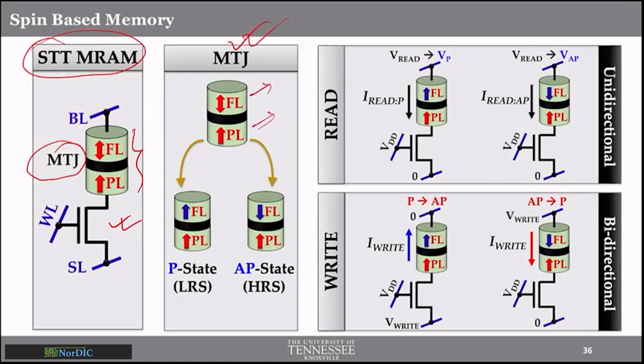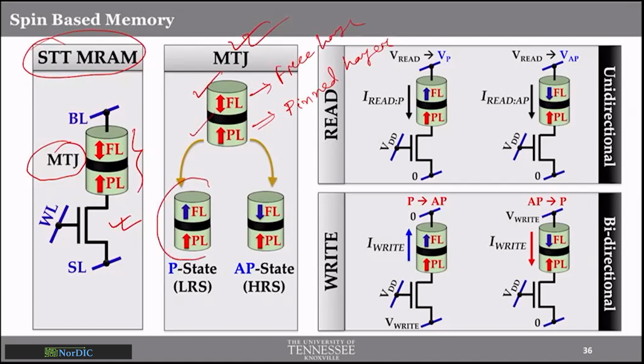These two, FL and PL, represent free layer and pinned layer. Pinned because the magnetization of this layer doesn't really change, and free because you can change the magnetization of this layer. Depending on the relative magnetization between the free layer and pinned layer, this device can present a high resistance or a low resistance.